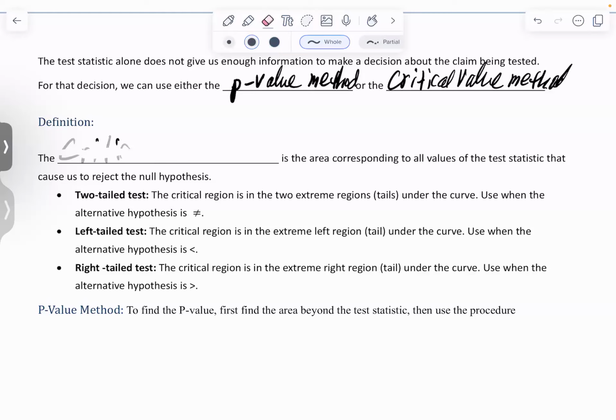I'm going to color code this. My critical regions are always this; this is your alpha. And some homework don't call it the critical region, they call it the rejection region.